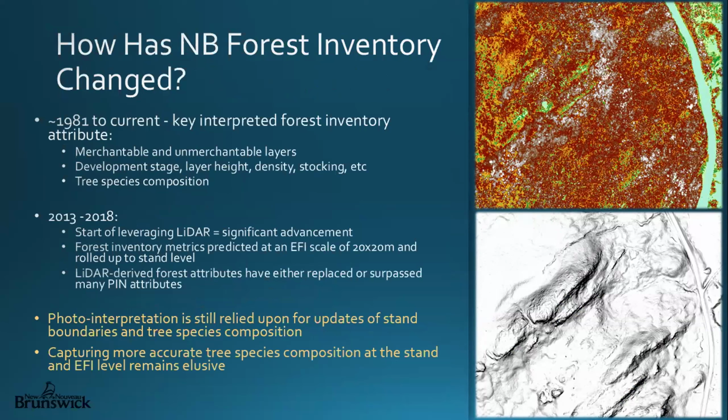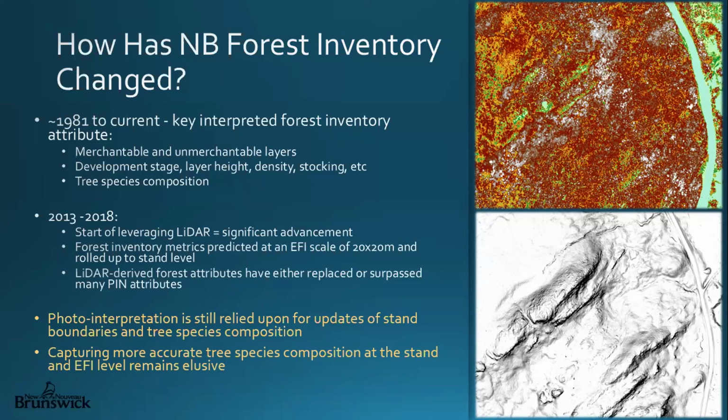Starting in 2013, we started collecting LiDAR, and this represented a significant boost in terms of getting forest inventory metrics rolled up to the stand level and providing additional information.